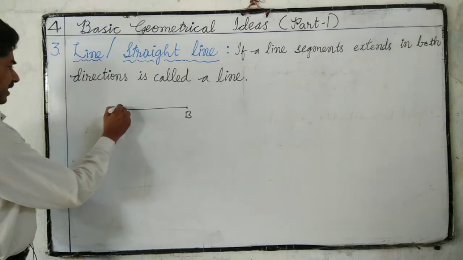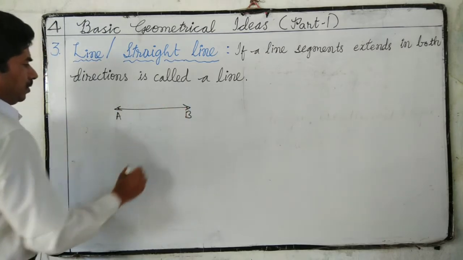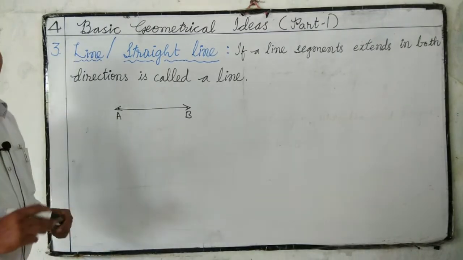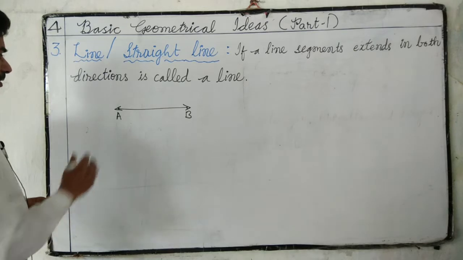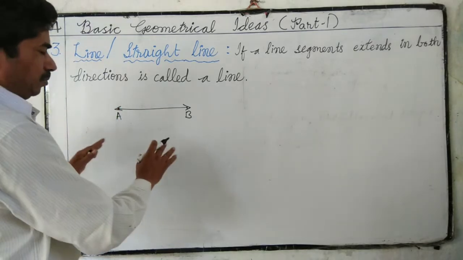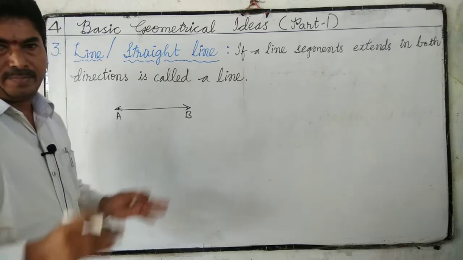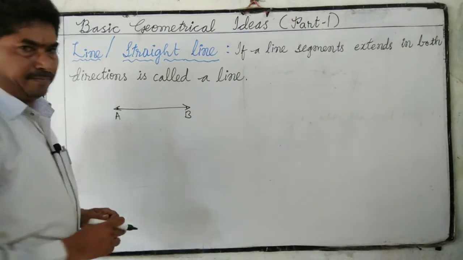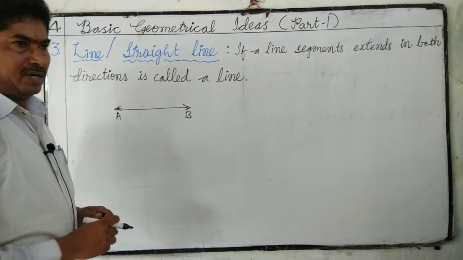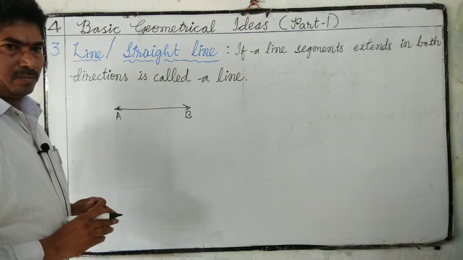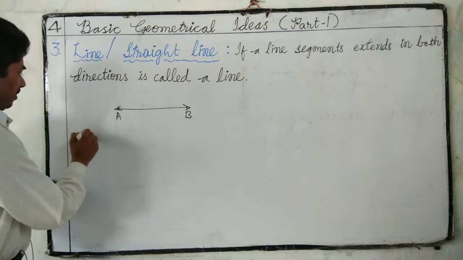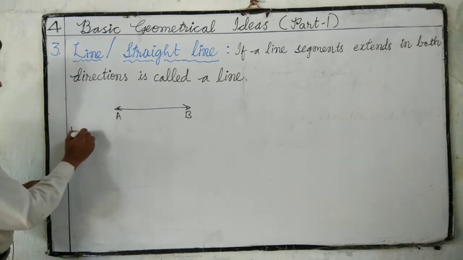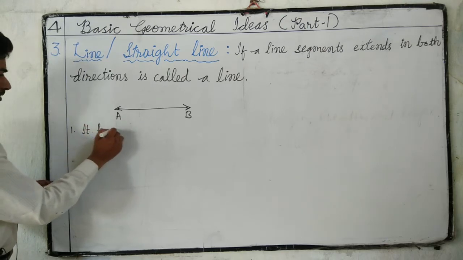If we extend it in both directions, it is called a line. Actually, we can't draw a line on board or paper because it extends infinitely. But we can just represent it. It has no endpoints.